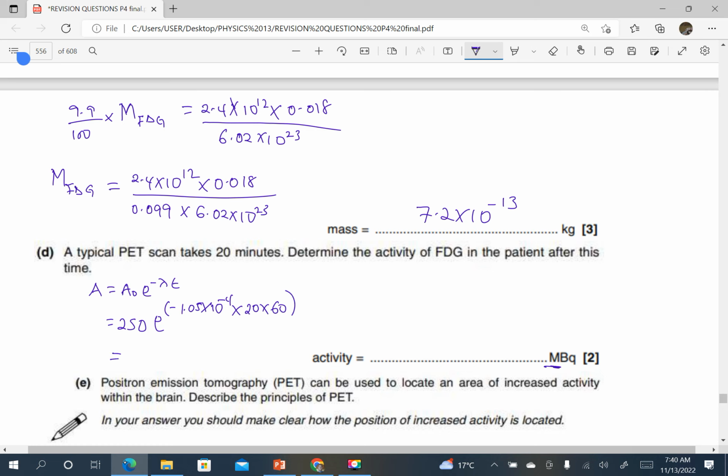When I press my calculator, e power negative 1.05 exponent 4 times 20 times 60 times 250. Okay, so this is 220 megabecquerels.